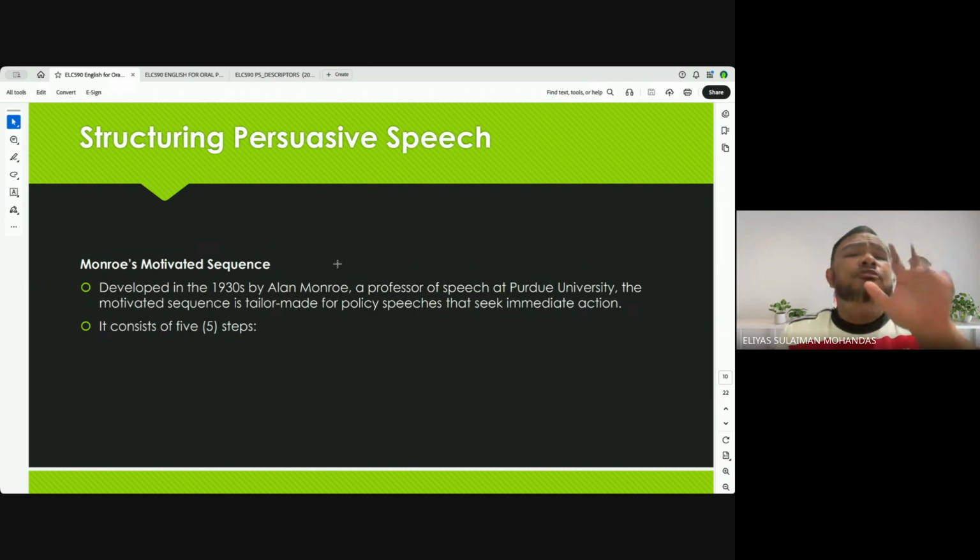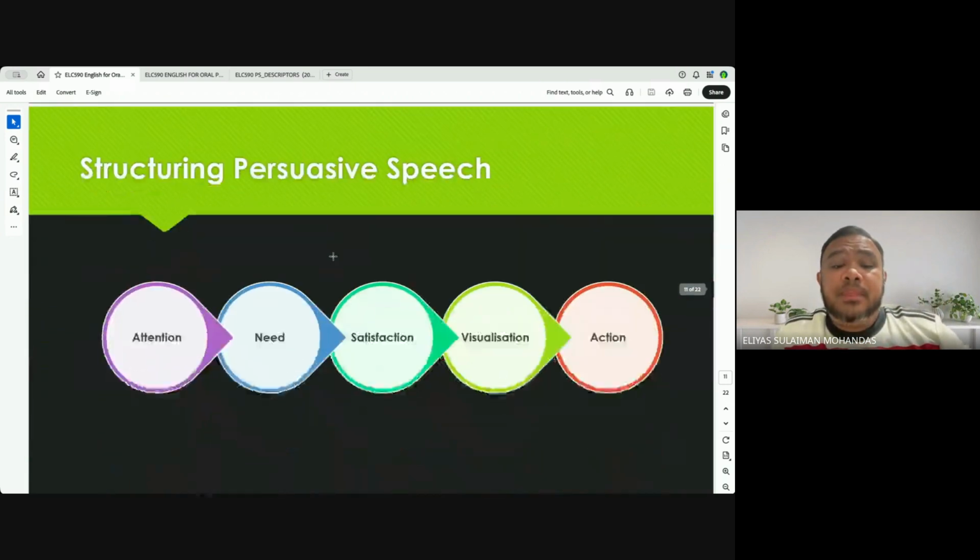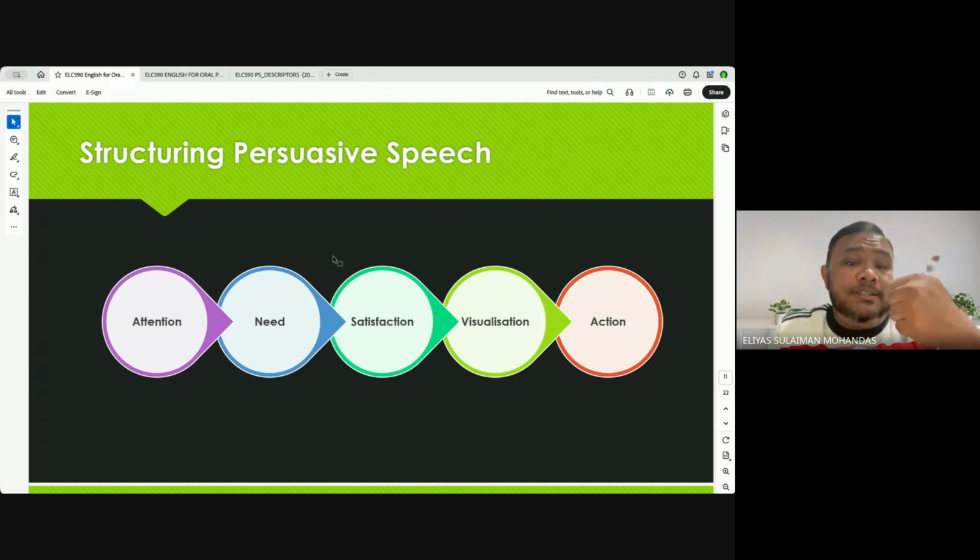So there are basically 5 steps in Monroe's motivated sequence, and they are: the first one is attention, followed by need, followed by satisfaction, and then visualization, last but not least, action. So there are 5 steps.